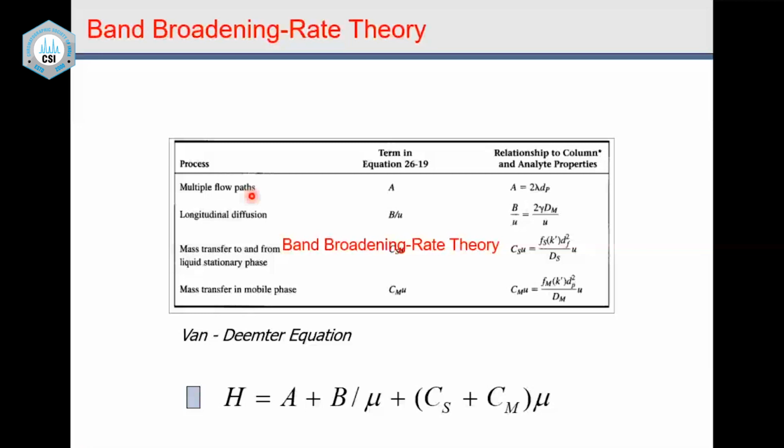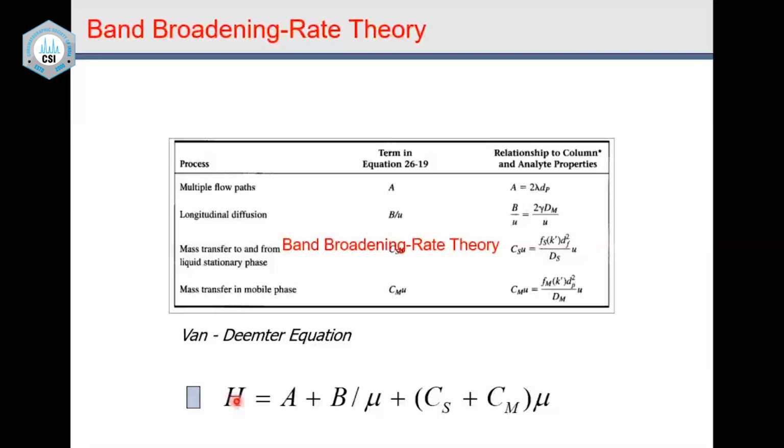So A becomes 0, and that makes H smaller. When we use a capillary column, H becomes very small, and that is why the column efficiency is higher. The number of plates will be higher, as H is inversely proportional to the number of plates. So you will have a better separation with a capillary column. This is how the theory tells you why capillary columns are preferred.